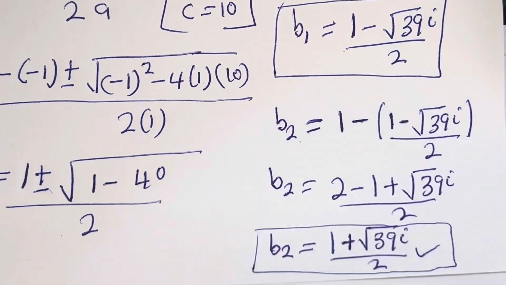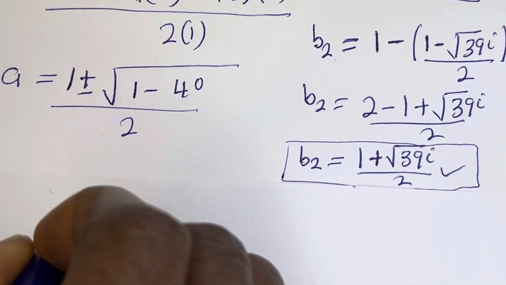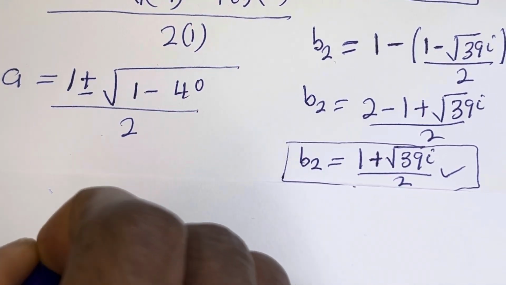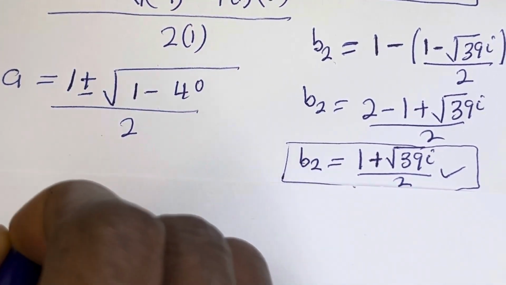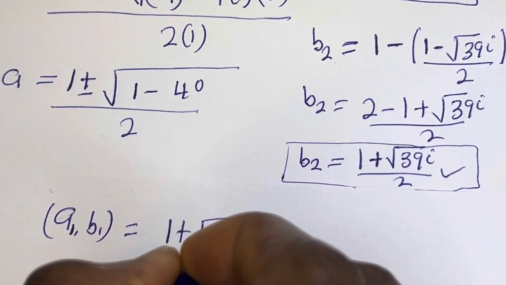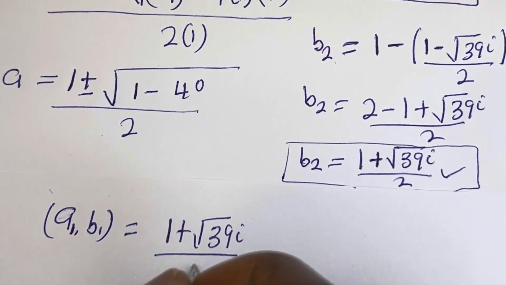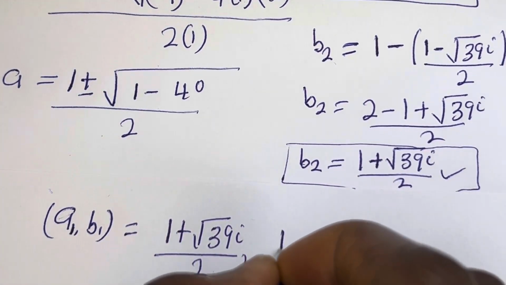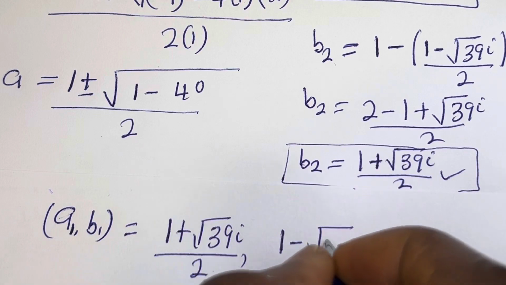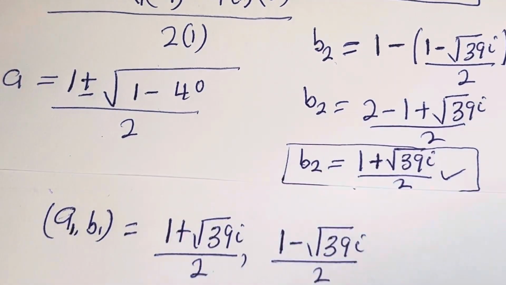Now, our final answers are a1, b1 is equal to 1 plus square root of 39i over 2, 1 minus square root of 39i over 2.